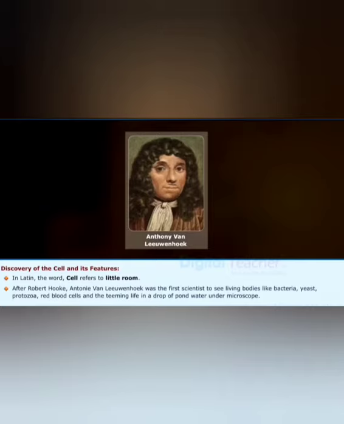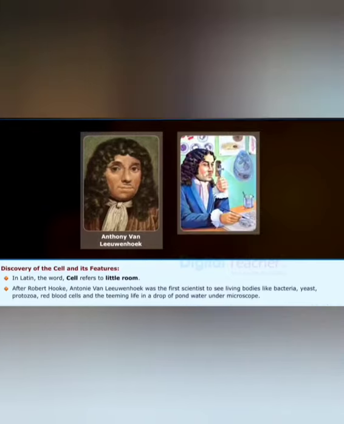In Latin, the word cell refers to little room. After Robert Hooke, Antony van Leeuwenhoek was the first scientist to see living bodies like bacteria, yeast, protozoa, red blood cells, and the teeming life in a drop of pond water under microscope.